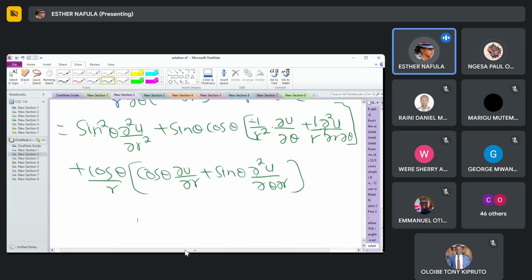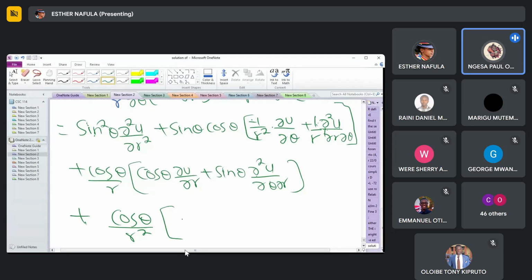Proceed to the final bracket. Plus cos theta over r squared into cos theta partial squared u partial theta squared minus sin theta partial u partial r partial theta.